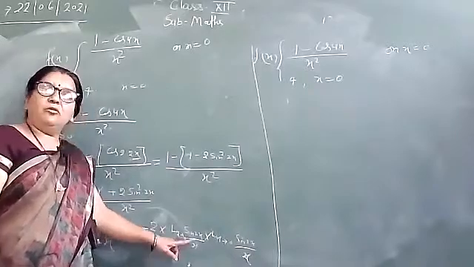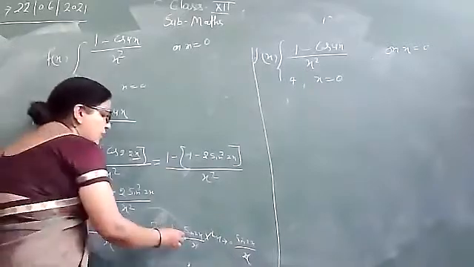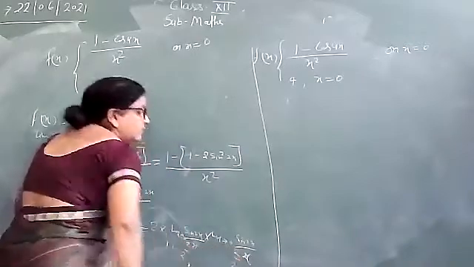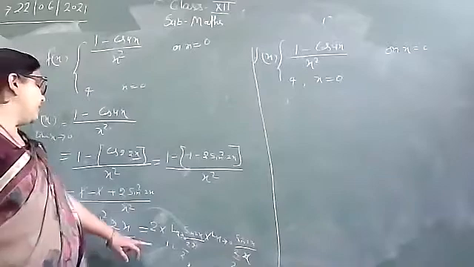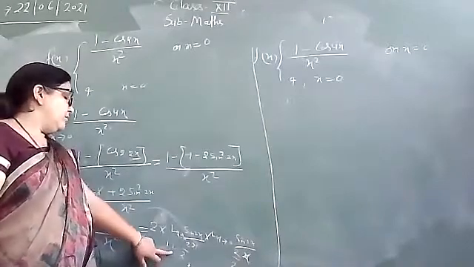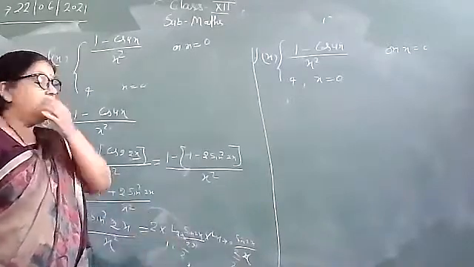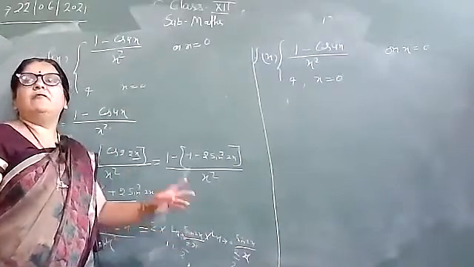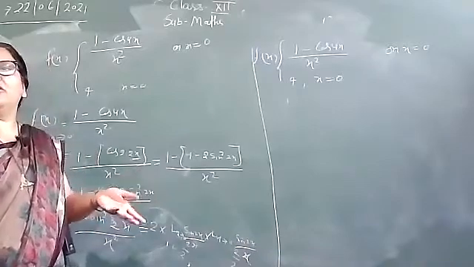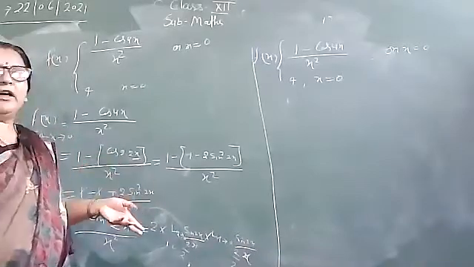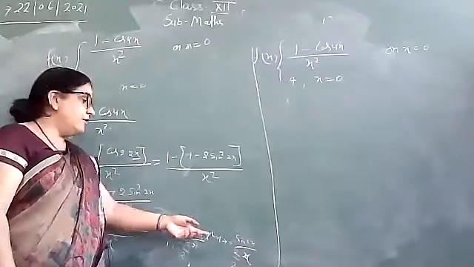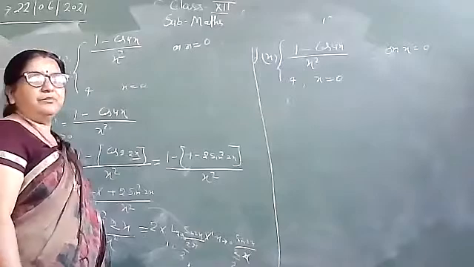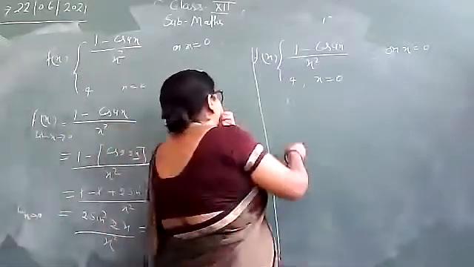So we multiply by 2 and divide by 2, so here we multiply 2 and here we also multiply 2. Then this is the final question. Here we use sin theta upon theta: as theta tends to 0, sin theta upon theta equal to 1. So we take here 1, here is also 1. Then we multiply and find the limit. I already explained.